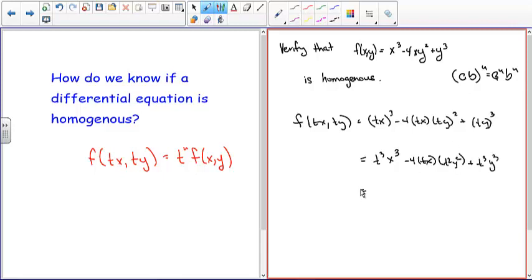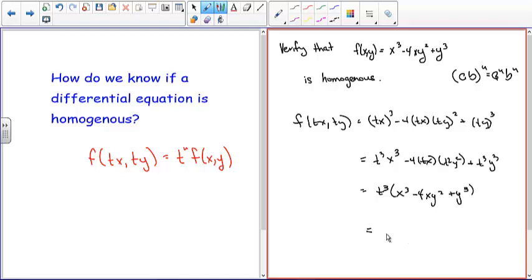You'll notice that each term in that expression has t cubed. We have t cubed, we have t times t squared, which is t cubed, and we have t cubed. So you can factor out the t cubed. What we have left is x cubed minus 4 times x times y squared plus y cubed.